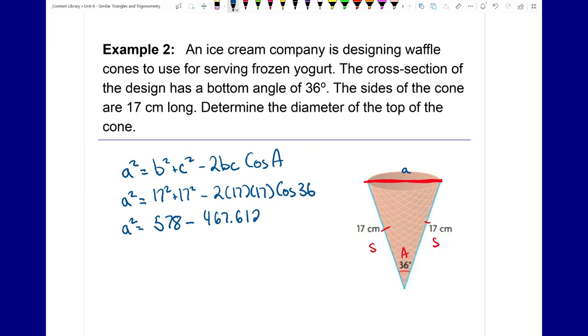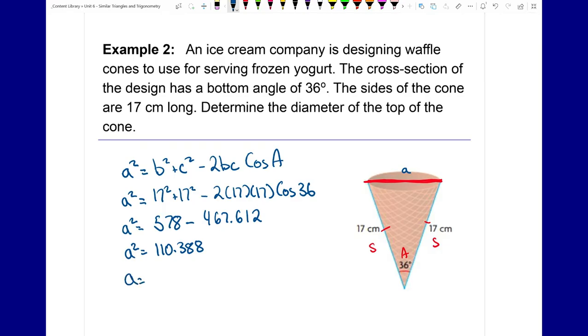I'm going to subtract these two values. So 578 minus 467.612, we get 110.388, which again obviously does not make sense based off of the other measurements.